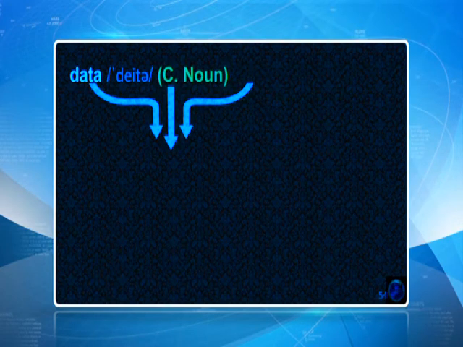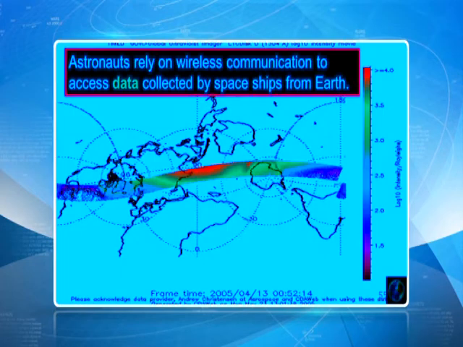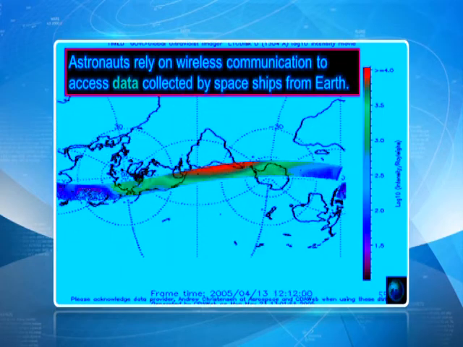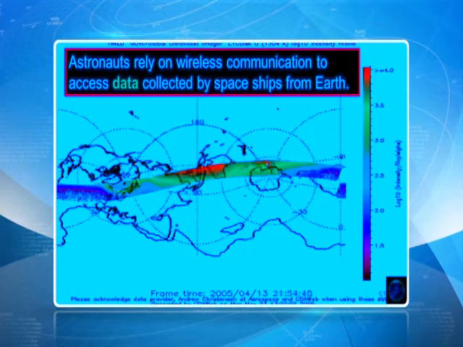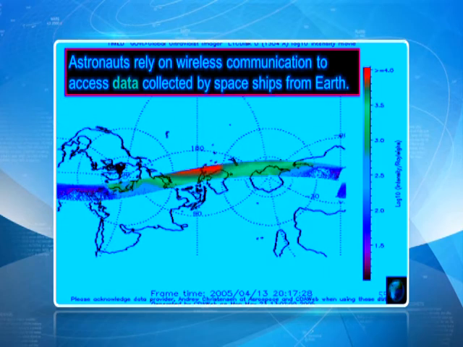The following word is data. Data is a countable noun, which is plural here. For example, facts and statistics collected together for reference or analysis. For example, astronauts rely on wireless communication to assess data collected by spaceships from Earth.